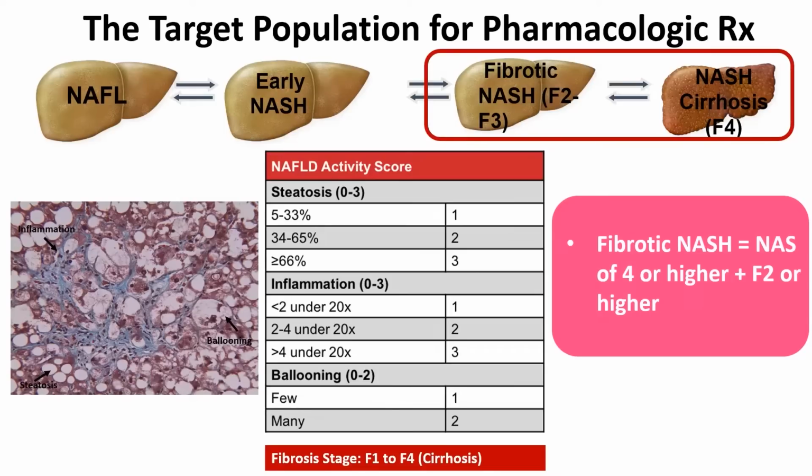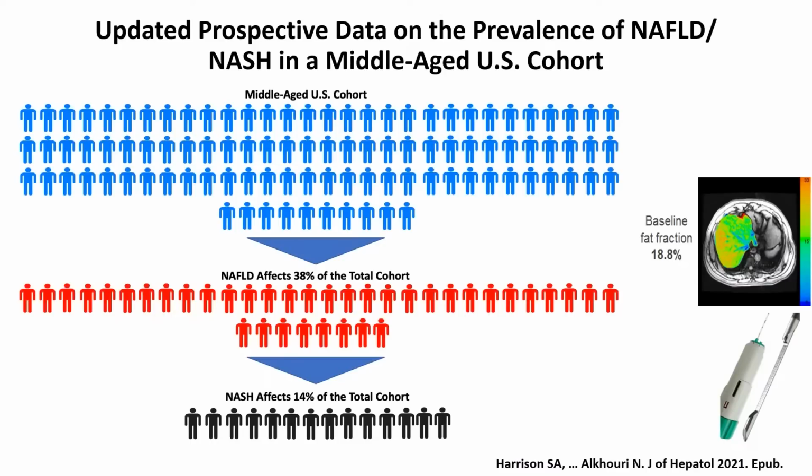Now, in terms of updated prospective data on the prevalence of NAFLD and NASH, this is from a paper we published in the Journal of Hepatology 2 years ago, where we offered middle-aged adults in San Antonio, Texas, the opportunity to learn more about their liver health when they presented actually for screening colonoscopy.